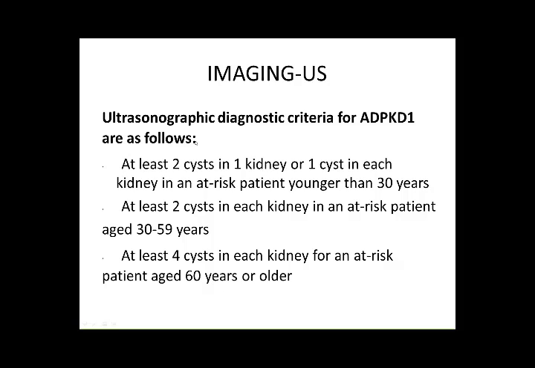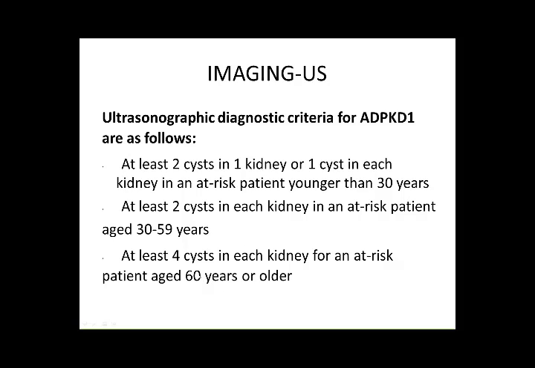On that basis, we can say the patient is suffering from polycystic kidney disease. If the patient is 30 to 59 years, two cysts in each kidney, if present, then we say it is polycystic kidney disease.